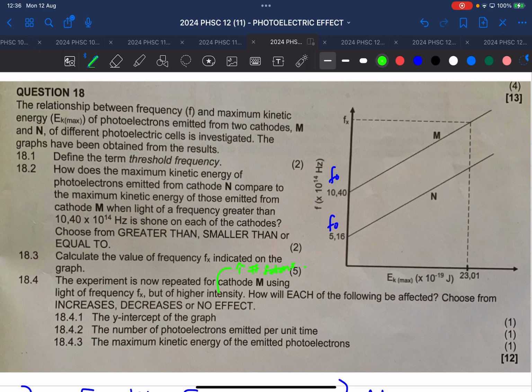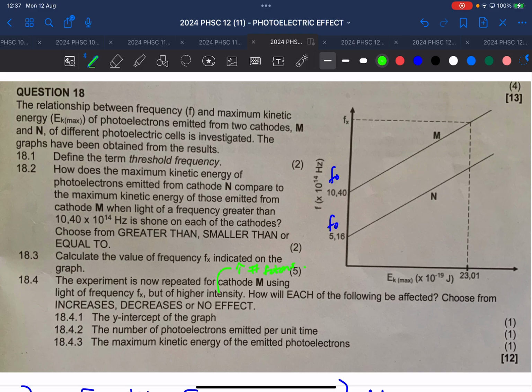Okay, so this is what you should know. I think it's the 4th time I've said it in this chapter. Intensity is just to add more electrons. It doesn't give them more energy. So it's not like you have one electron and it gets more energy. It's that you have now more electrons with the same energy.